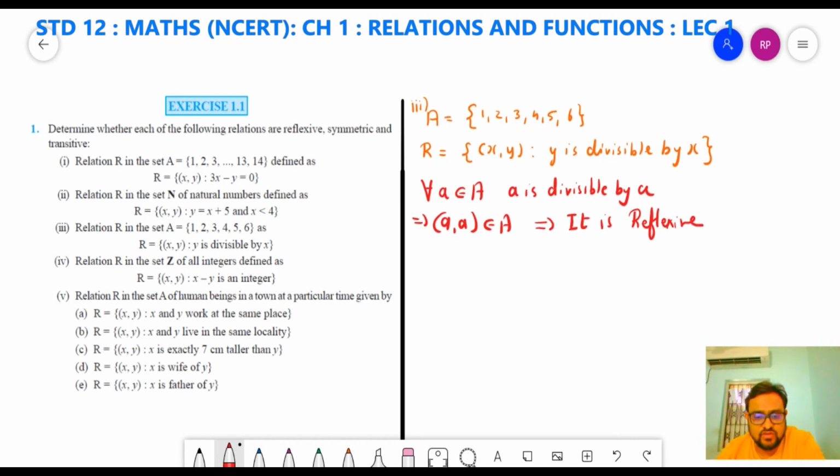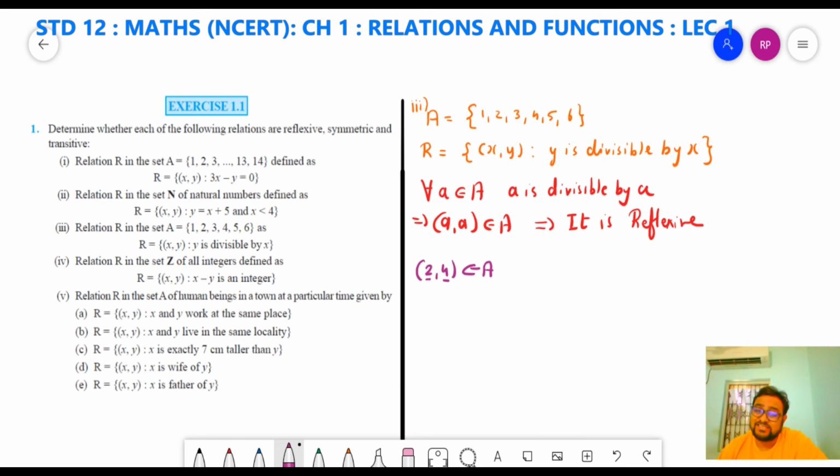Okay, now for the next one, let's select any two numbers in an ordered pair which is belonging to R. Clear? Let's say (2, 4). I can say that 4 is divisible by 2, right? So (2, 4), y is divisible by x, 4 is divisible by 2, that belongs to R. Clear?